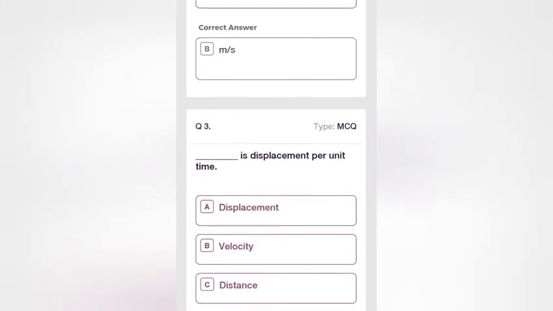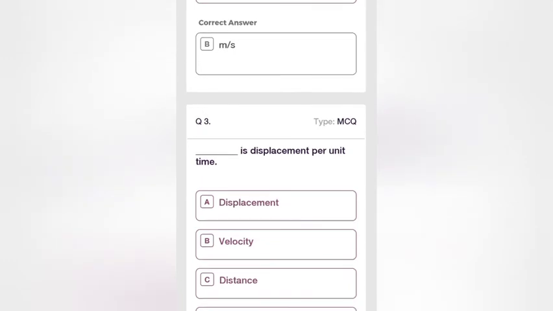Third question. Dash is displacement per unit time. Which quantity is said to be the rate of change of displacement?